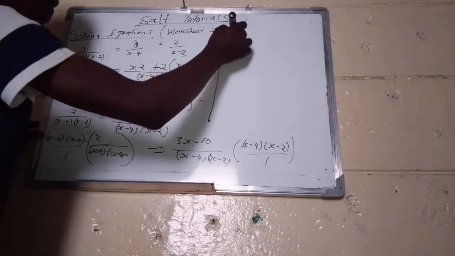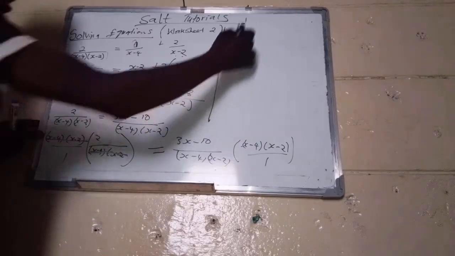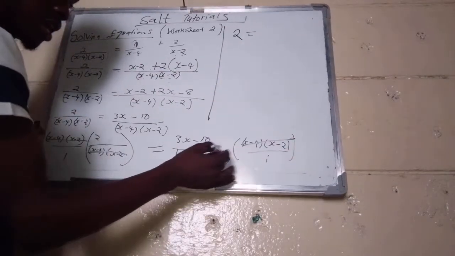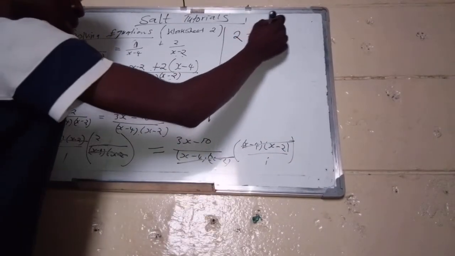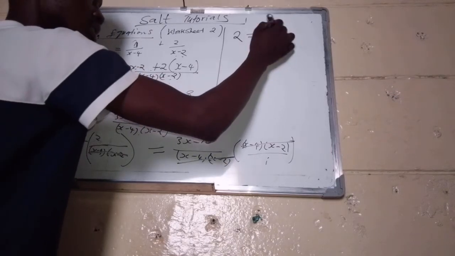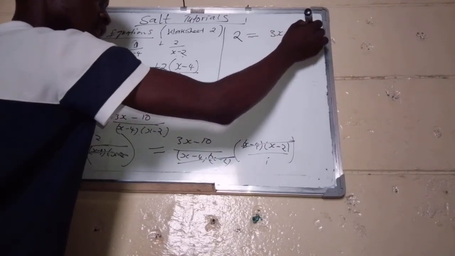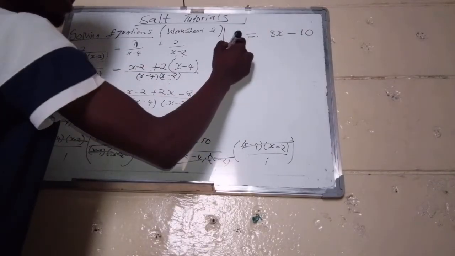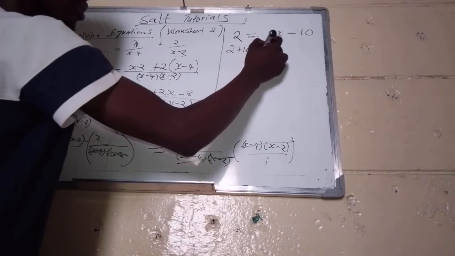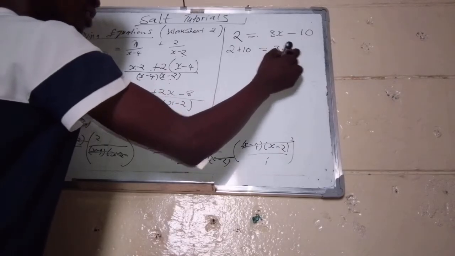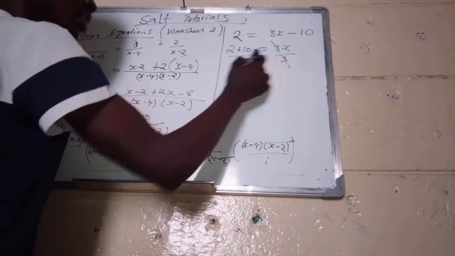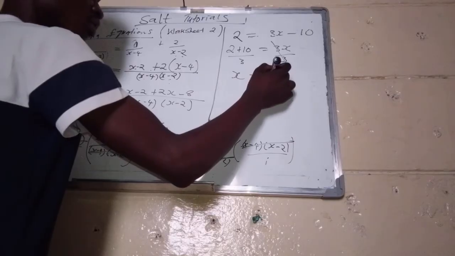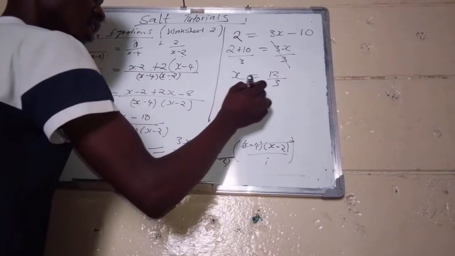But on my right hand side, this goes and this goes, I'm remaining with the 3x minus 10. Then we can solve it like terms. This goes to the other side, 2 plus 10 to be equal to 3x, over 3 over 3, and the value of x will be equal to 12 over 3, which is x is equal to 4.